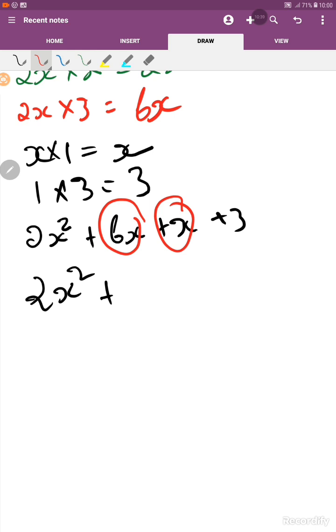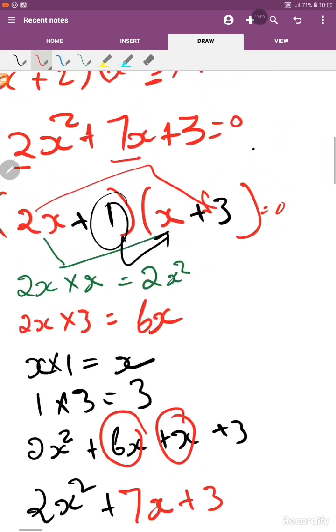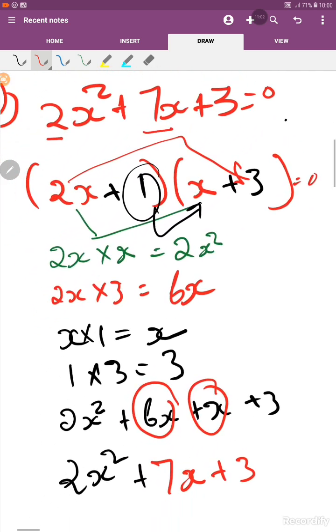So like values, we have 6x and x, right? You're going to add them. You add the like values or like items. We're going to say 6x plus x is going to give you 7x, therefore plus 3. Let's check from our original equation if this is correct. So this is correct. From our original equation, we have 2x squared plus 7x plus 3.